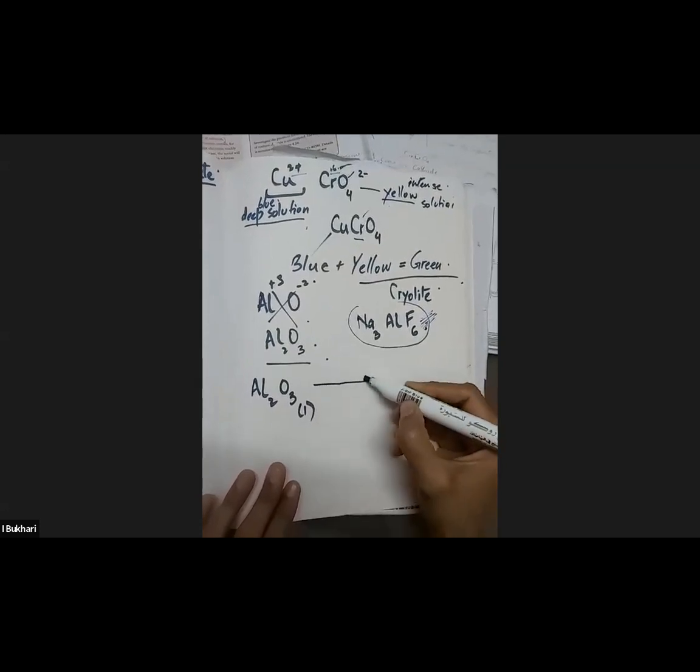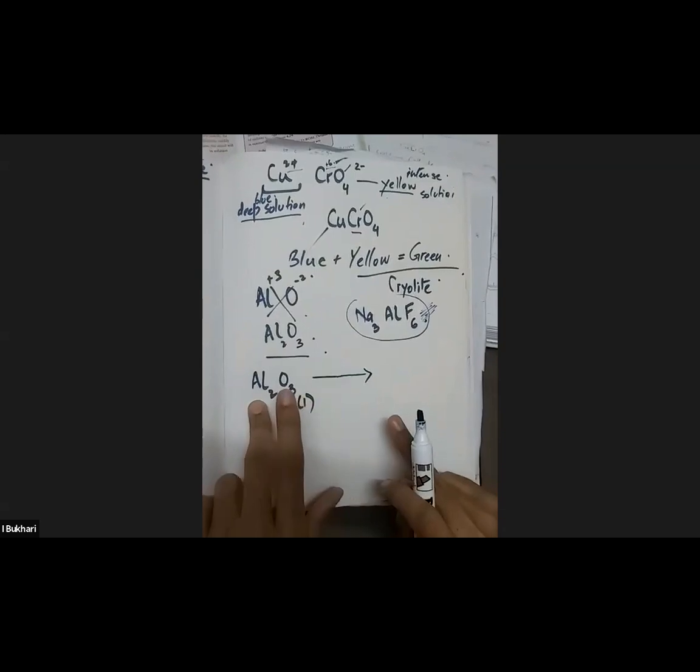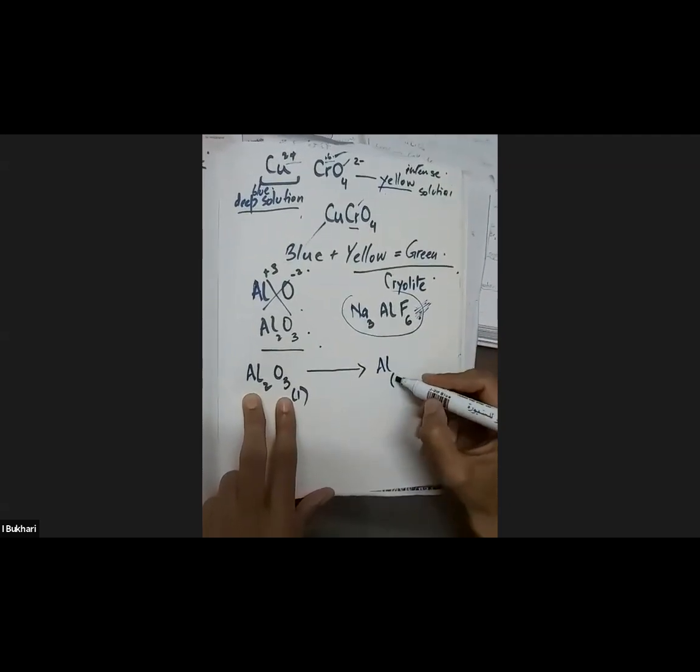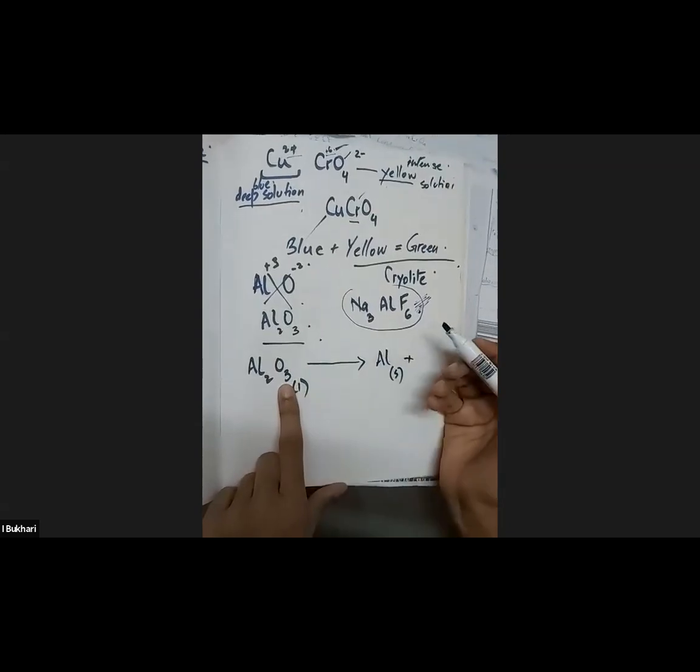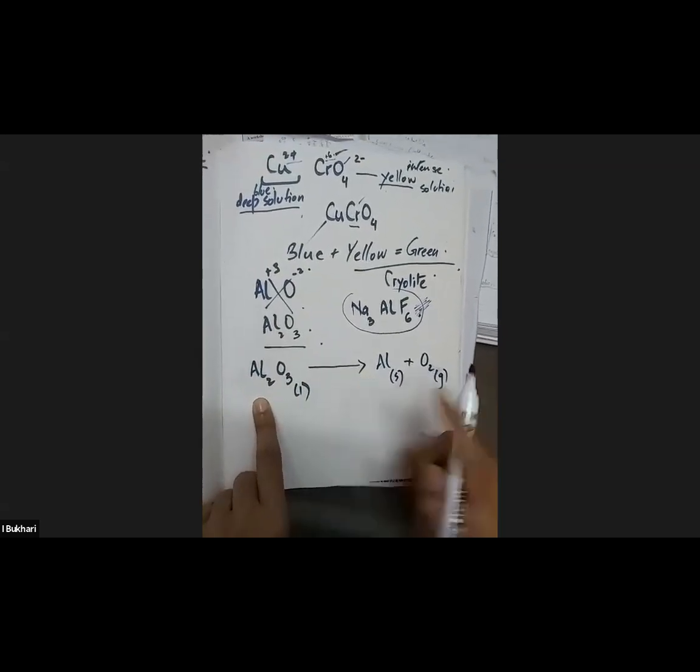Aluminum oxide will break down into its components: aluminum and oxygen. Aluminum is a metal, so it exists as a solid metal, and I will write this down. Oxygen is a diatomic gas, so I will write this in the gaseous state. Now there are two atoms, so in order to balance, I will put a 2 coefficient next to aluminum. Oh, this is not that easy.